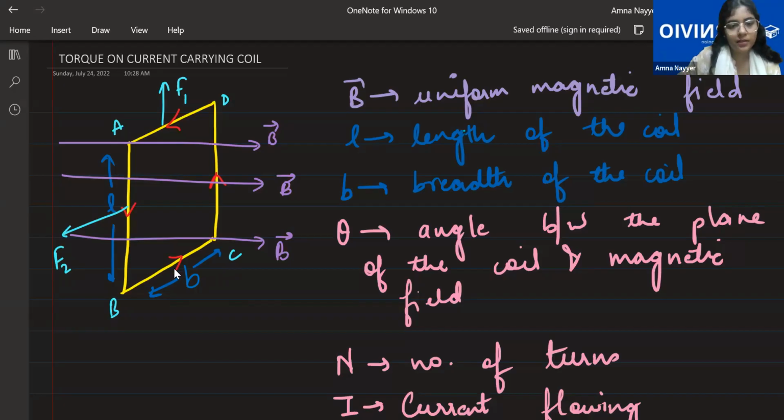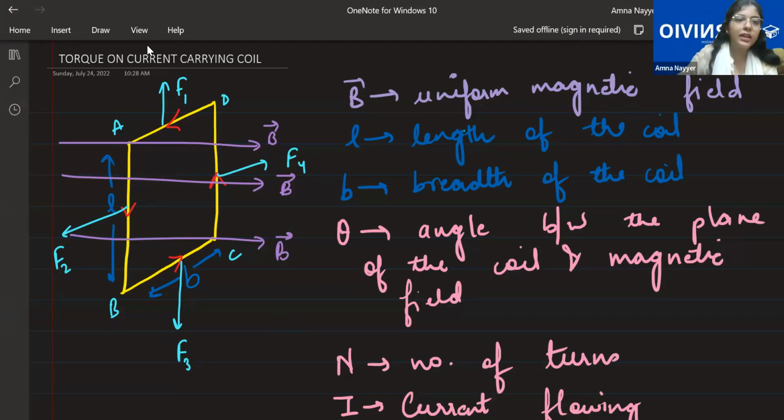So this will be F3. CD, going inwards. Yes, because the current is upwards and the magnetic field is towards the right. So when I curl, it is going inwards. Now, can you see, Basmi, all the forces are cancelling themselves?